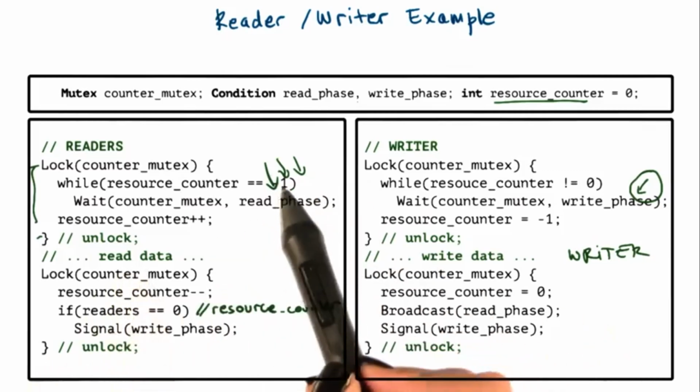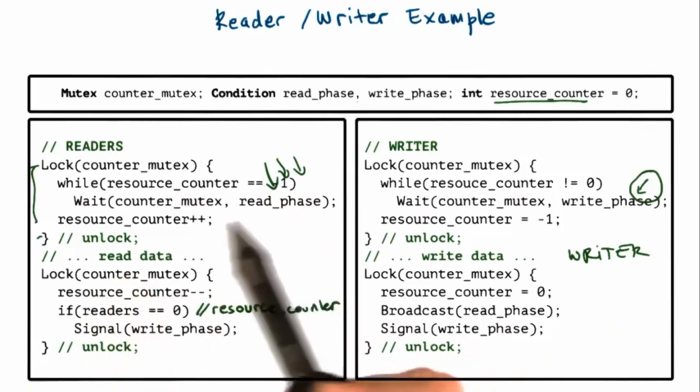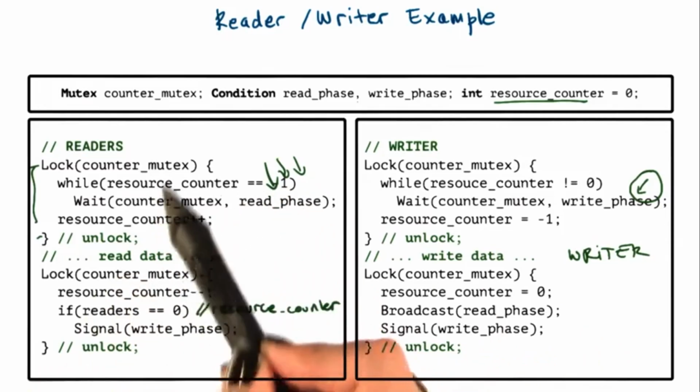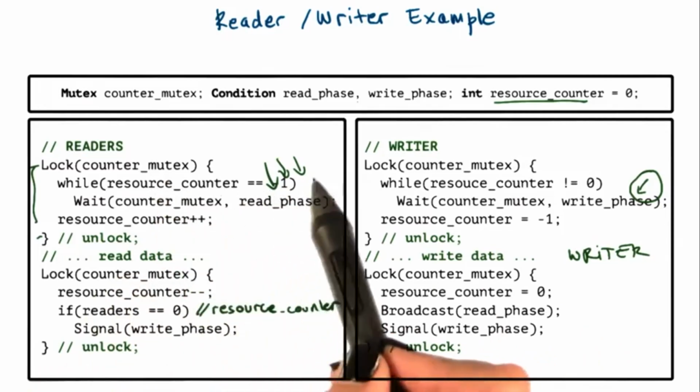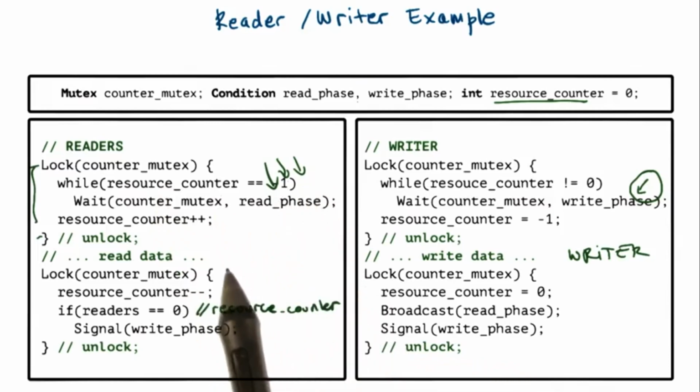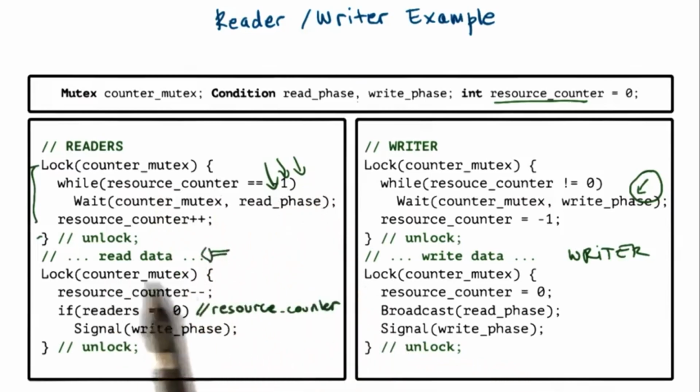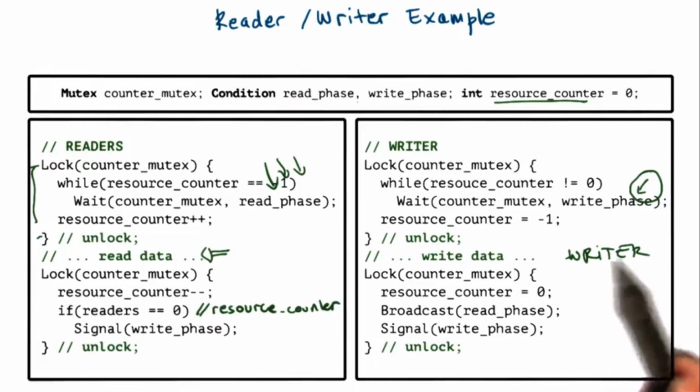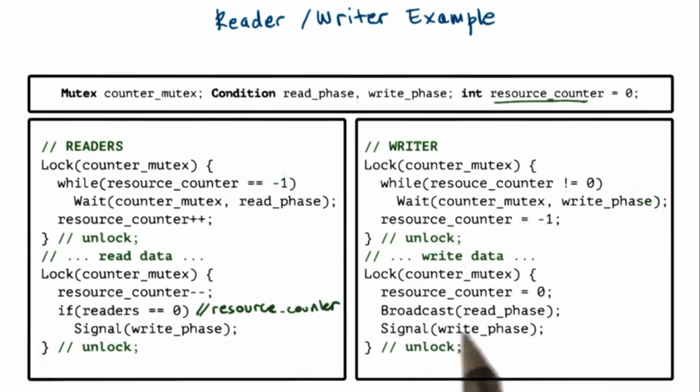Yes, indeed, only one thread at a time can really execute this piece of code, but we do want multiple threads to be woken up so that multiple threads can ultimately reach this read phase once this writer completes. The other thing that's worth noting is here we use both broadcast and signal.